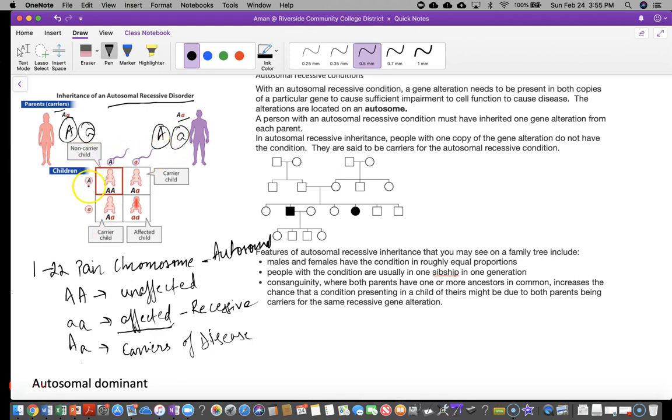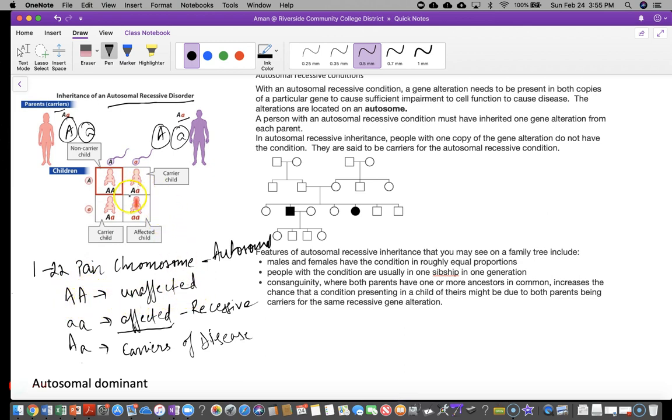We put the mothers here and the fathers here, and then we can do our combinations. Capital A and capital A goes here. Capital A and small a goes here. Small a and capital A goes here. Small a and small a goes here. Now if we evaluate this, guys, we have capital A capital A, this person is not affected, totally fine.